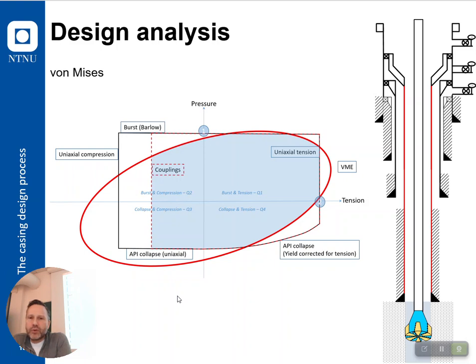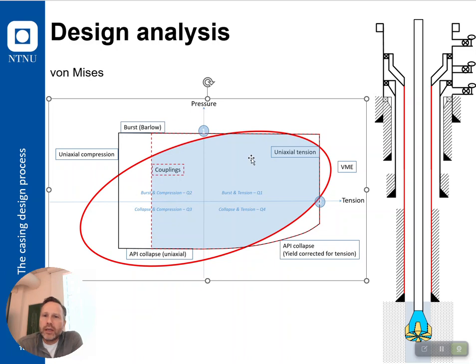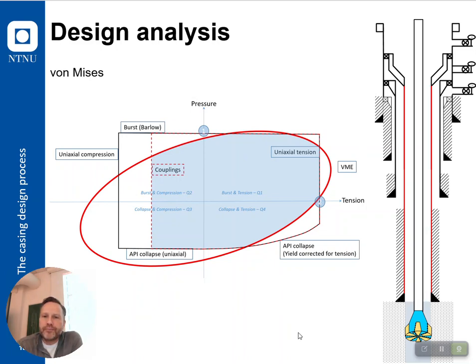Two more things to say about this. Maybe we should talk about quadrants first. I guess you know, that's why I just went on with it. But let me first say that in quadrant one, you have a combination of burst and axial tension. Horizontal here is the tension.